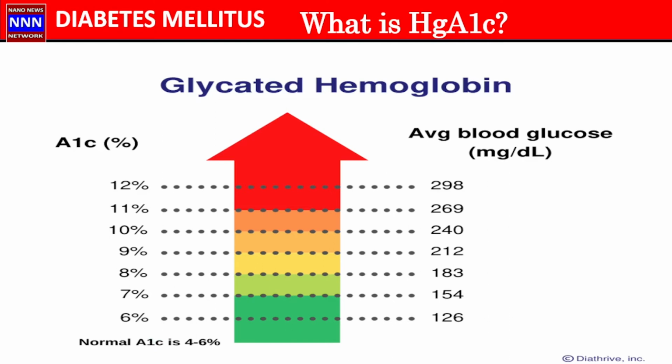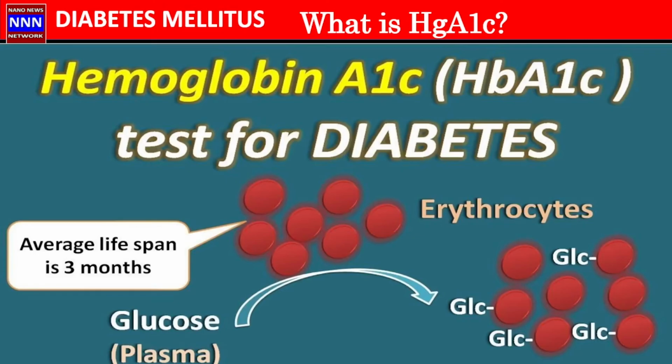If you are in a pre-diabetic state or early stages of diabetes, that is something which can be controlled with vigorous diet and exercise. It is a reflection of a long-term blood glucose level over 6 to 8 weeks.